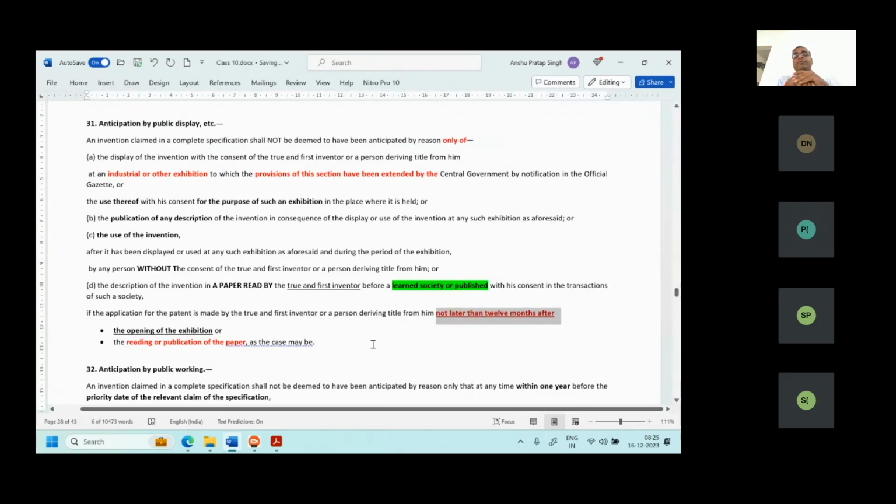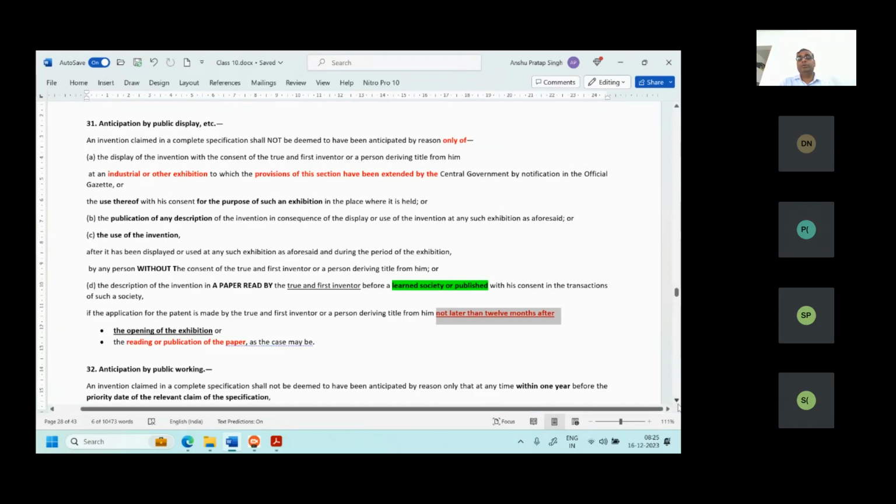That your patent has been filed within 12 months from the date of this exhibition or that reading or publication of paper, whatever it was, it should not be more than 12 months. Section 31 talks about time, please remember. And the same thing in 32 also talks about time, and the time is the same, 1 year.